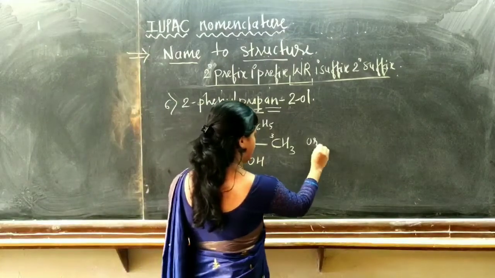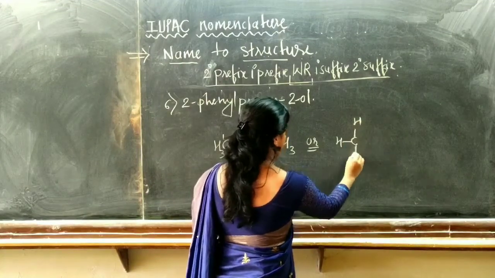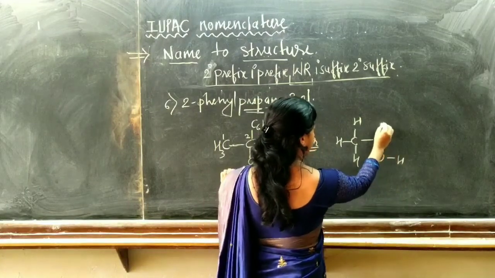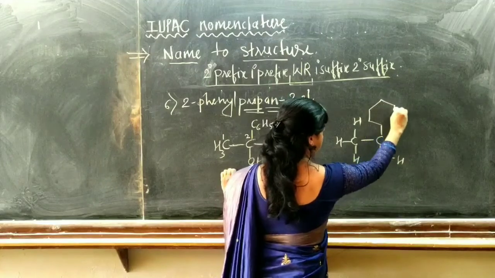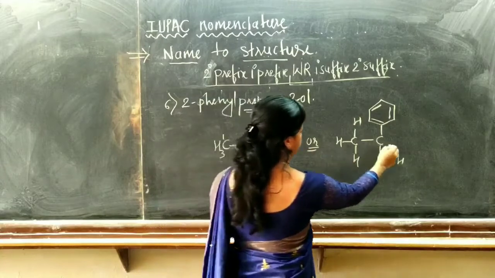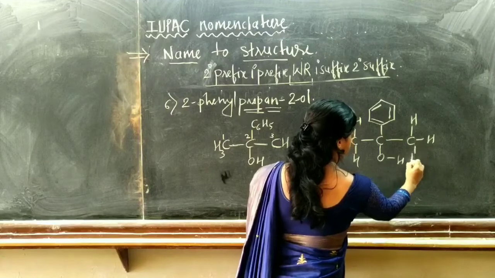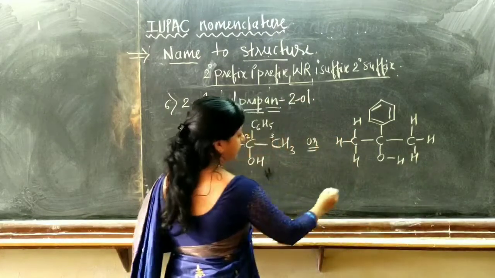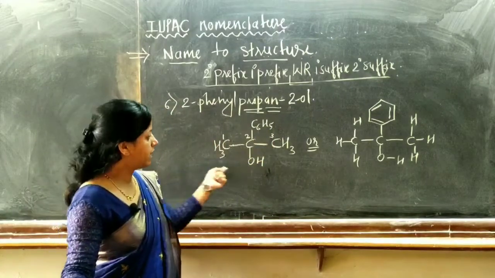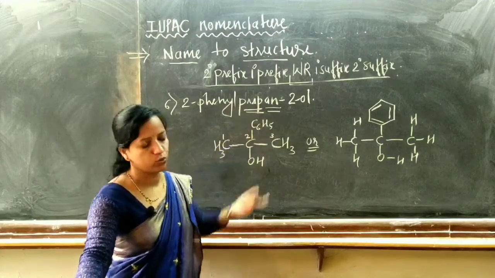Or if you want to write its complete structure, we can write this way. This is the phenyl which is present at the second carbon. So you can write the complete structure, or this is the condensed formula, C6H5 I have written. So this is the structure of 2-phenylpropan-2-ol.